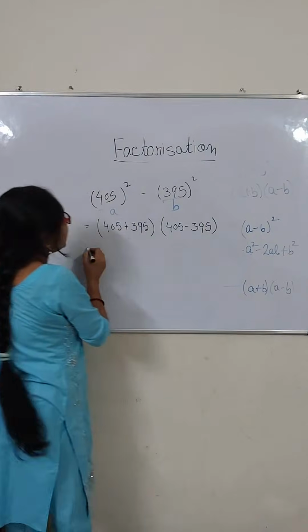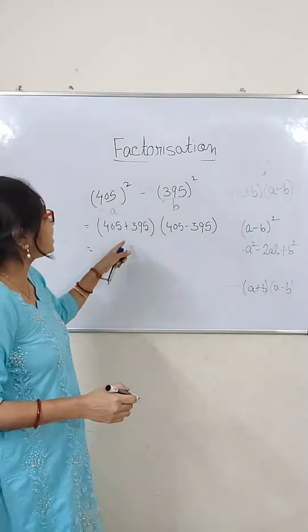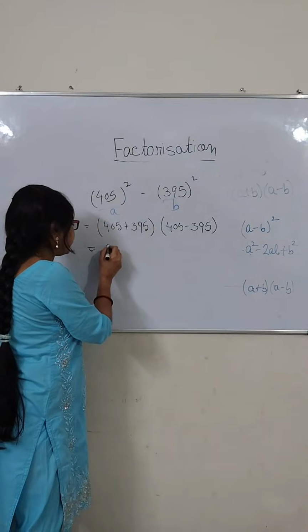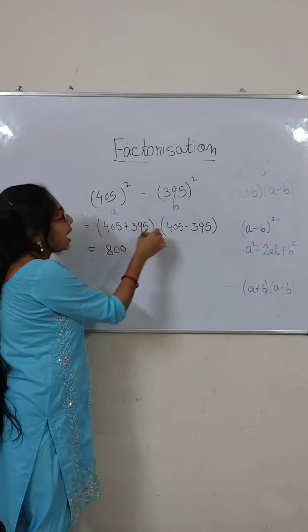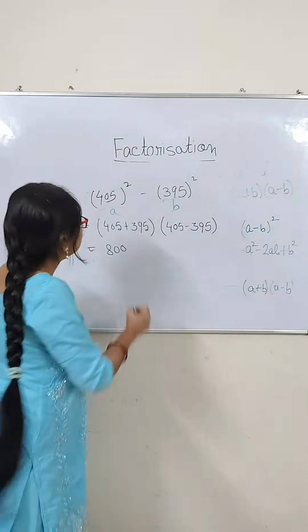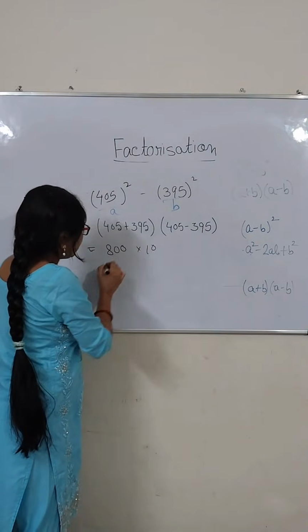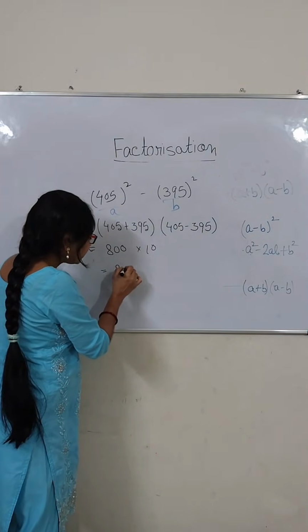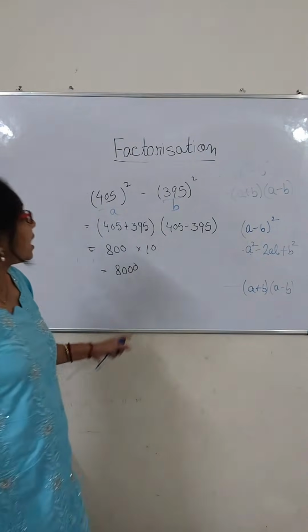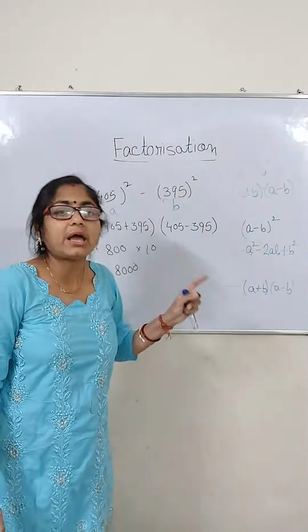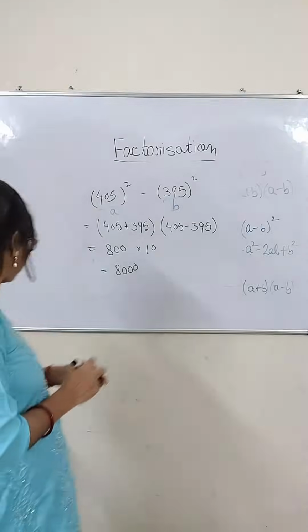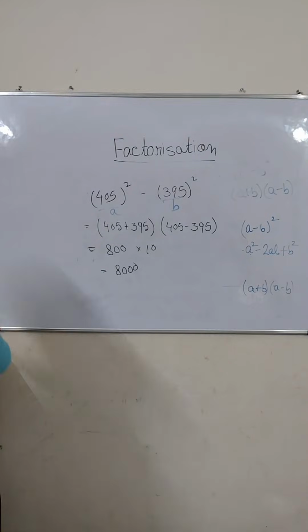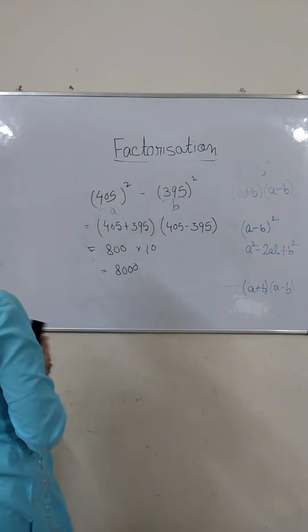Clear? Next, 405 plus 395, I think it is 800. And there is 10 into 10. What's the answer? This one is the answer. And mainly it comes in the MCQ. Okay?